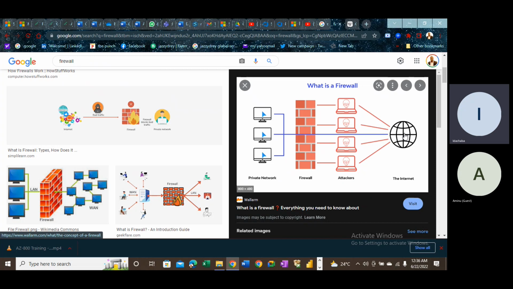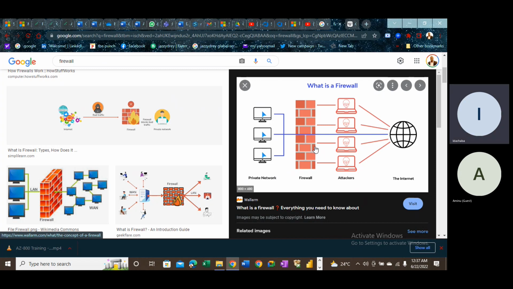Can you see the image, sir? Yes. Okay, so these are all your computers in your organization, which are very secured. But at the same time, you put an extra layer of security on it called a firewall.